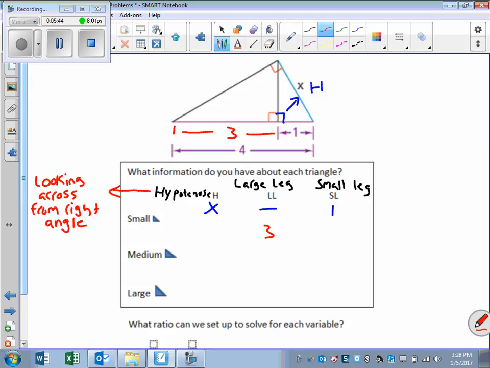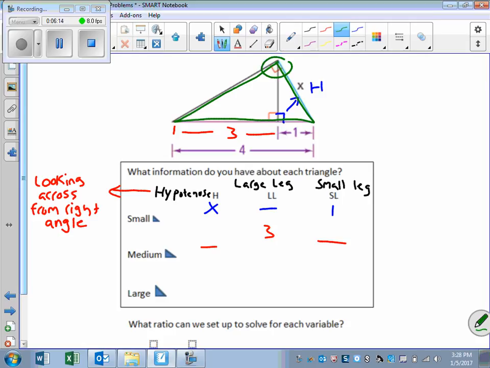We don't know anything about the hypotenuse, so I'm going to put a dash. And we don't know anything about the small leg right now, so I'm going to put a dash. Now, if we look at the large triangle overall, we know that the hypotenuse of that, if we look at where the right angle is, it's up here.